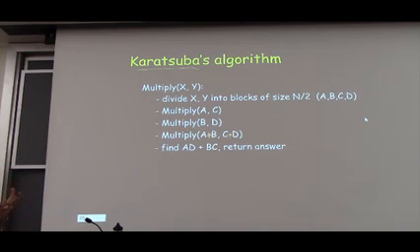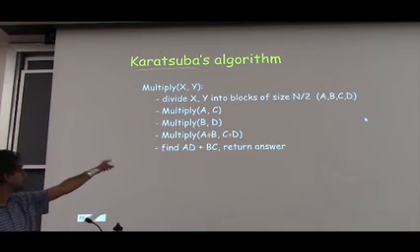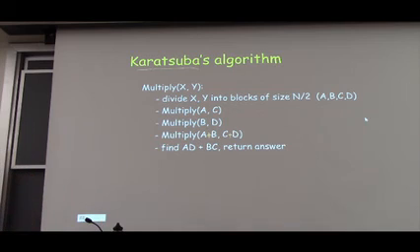You divide them into blocks of size n over 2. x is A and B, and y is C and D. You multiply these two, multiply BD, multiply these two, and then you find AD plus BC and return that. These are just the formal steps in the algorithm. And the answer is exactly that: 10 to the n times AC plus whatever.